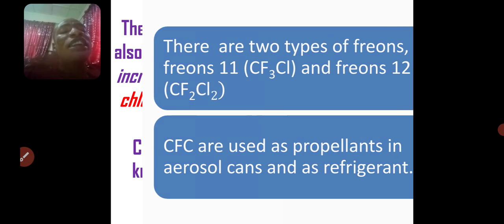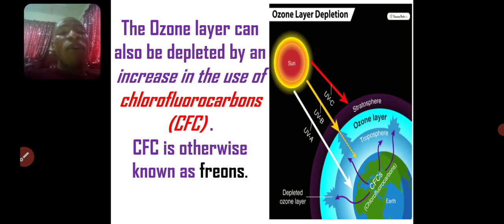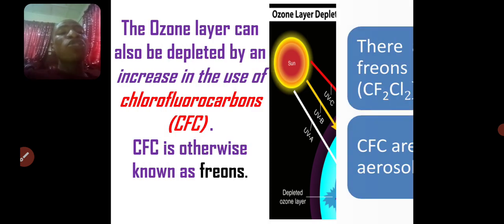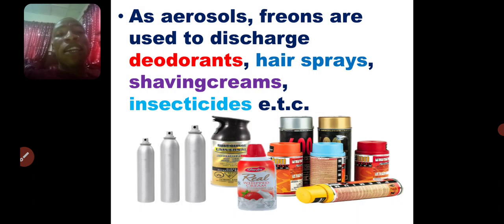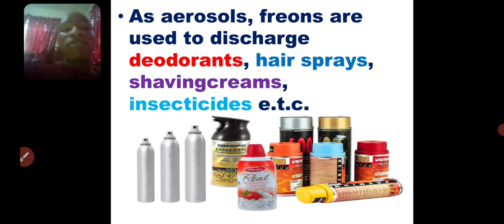Chlorofluorocarbon is very popular in our environment. It is used as propellant in aerosol cans and also as a refrigerant. All those hair creams, hair sprays, deodorants, perfumes, insecticides, they contain chlorofluorocarbon.